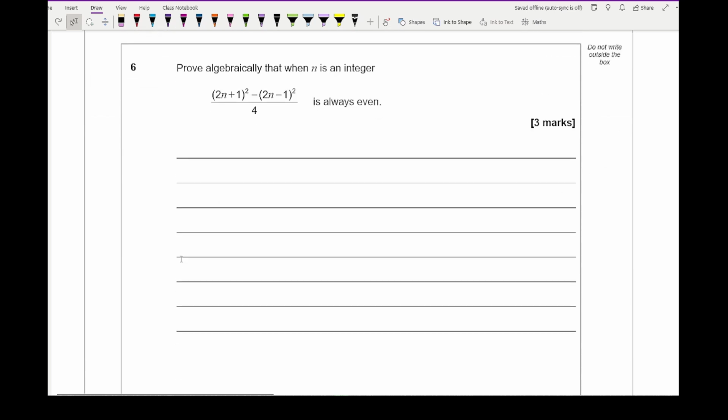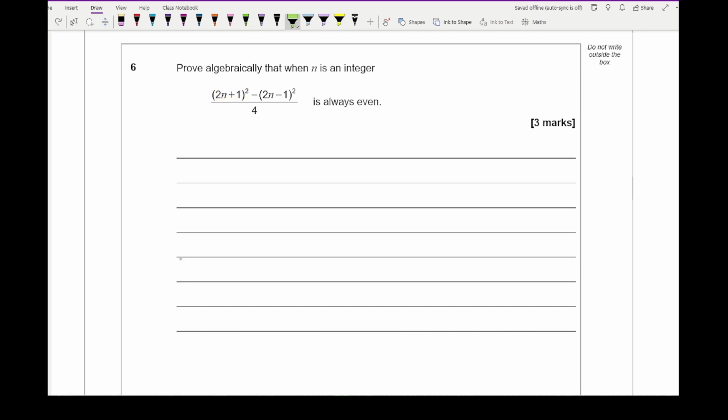Moving on to question 6, it says prove algebraically that when n is an integer, (2n plus 1) all squared minus (2n minus 1) all squared, all divided by 4 is even. So let's have a look at this. First thing we want to do is expand that part there. Let's use a bit of colour coordination.